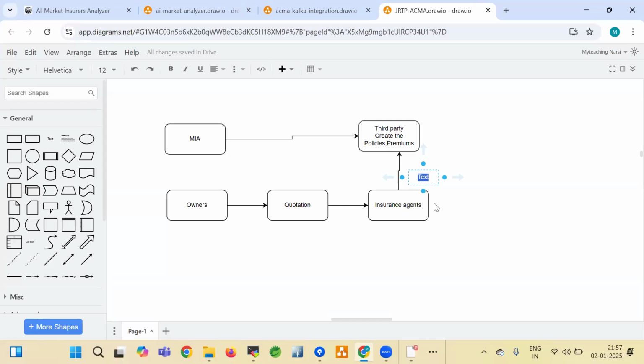If the agent says okay, and we accept it, it will be converted into a real insurance premium. Later, this will be taken care of by this third-party tool. We don't care about it. This is not our job.